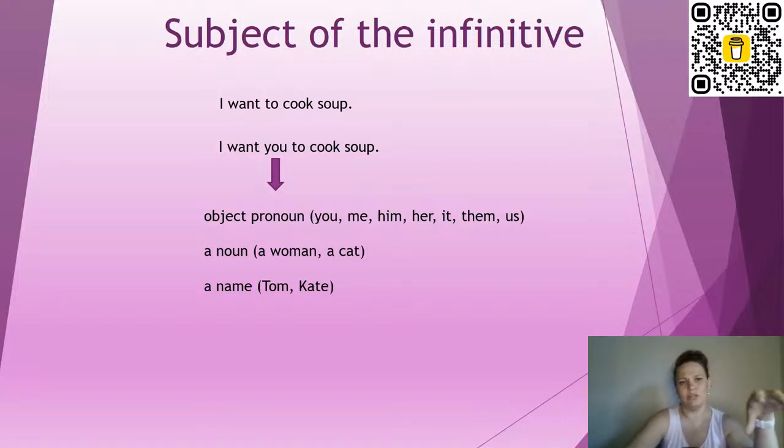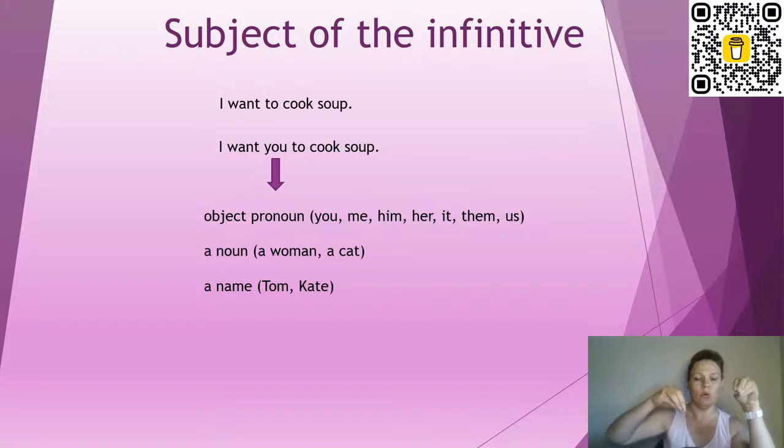No, we don't say it like this, because these two verbs refer to me, the same person, the same subject. But if we have two different people, we need to put the second one before the infinitive, and it will be the subject of the infinitive. And it can be an object pronoun, a noun, a name.